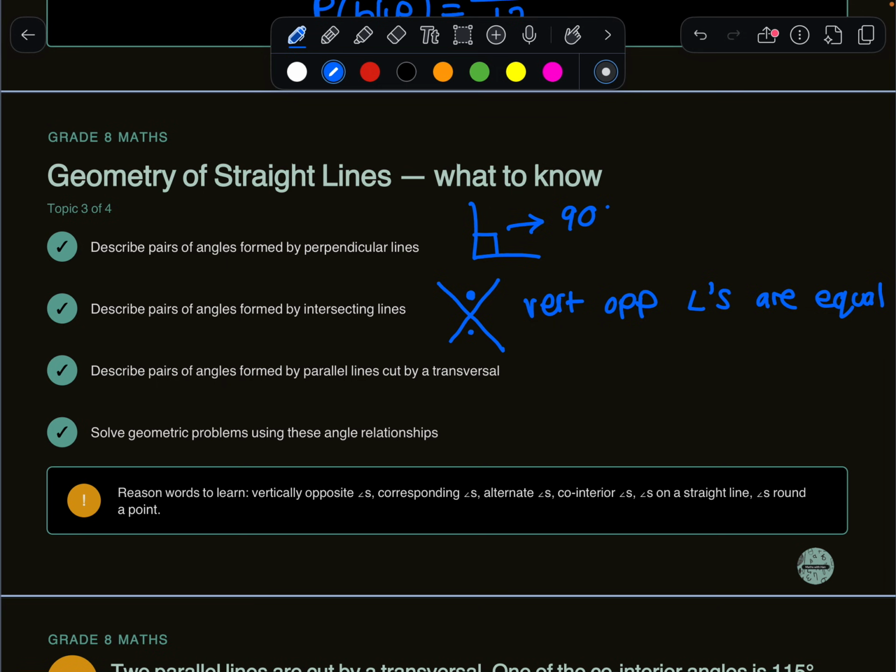You're also going to be looking at pairs of angles formed by parallel lines cut by a transversal. So in this section, you are going to be looking at what's called corresponding angles. So that's the lines make an F shape, and those angles are equal. Or alternating angles, which are like a Z shape, and these angles are equal. Or co-interior angles, where the angles in here add up to 180 degrees.